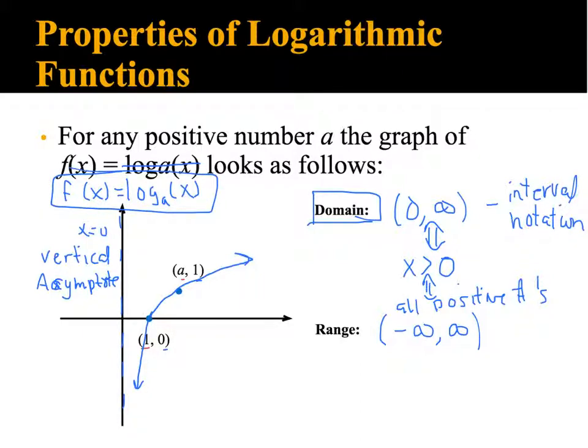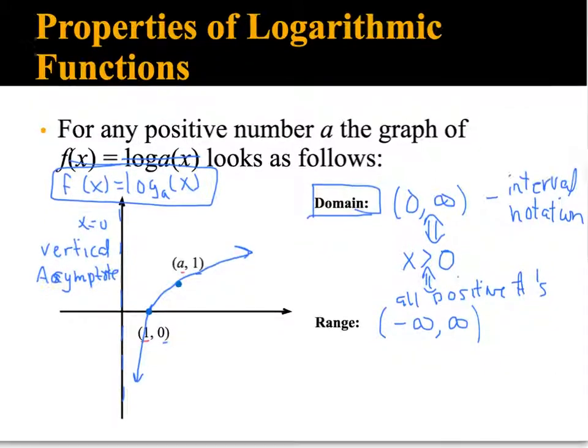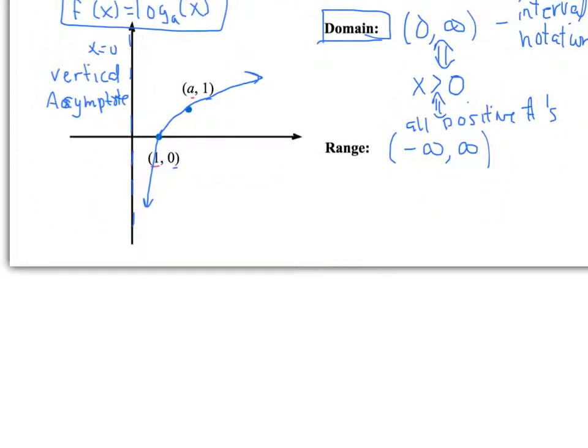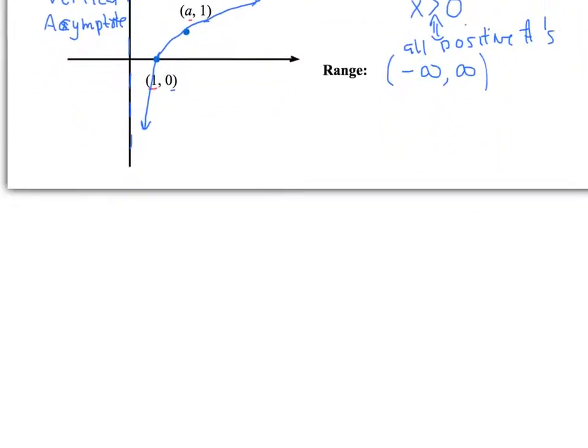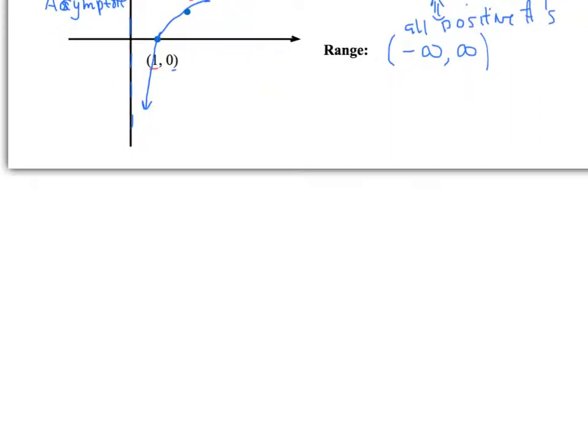Now, in general, what this means is the following. I'm going to give you some really interesting expressions. Interesting means maybe difficult. For example, I'll give you something like f of x equals the log base 3 of x squared plus 2x plus 3.